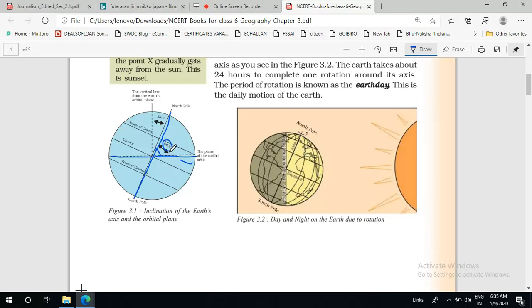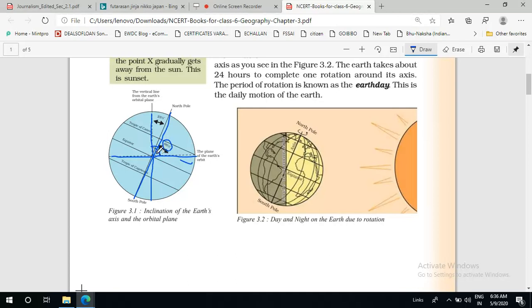Okay, and now this is the line of illumination, which is a straight line. And what we see is that this line of illumination is making an angle of 90 degrees with the orbital plane.